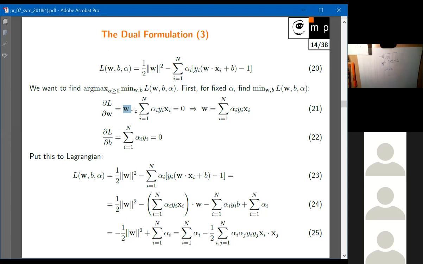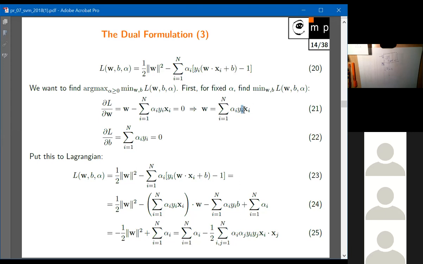So the result is the optimal solution W has to satisfy this constraint that it will be some combination of the input vectors xi, those which have alpha i non-zero, and the vectors will be multiplied by plus minus 1 depending on the class.